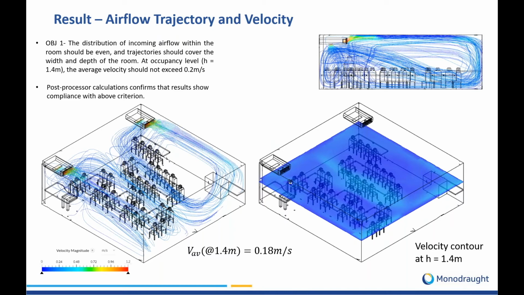At 1.4 meter height, we were able to see that the average bulk velocity at that level was 0.18 meters per second, which confirms that our systems in this specific environment comply with the criteria outlined in BB101.